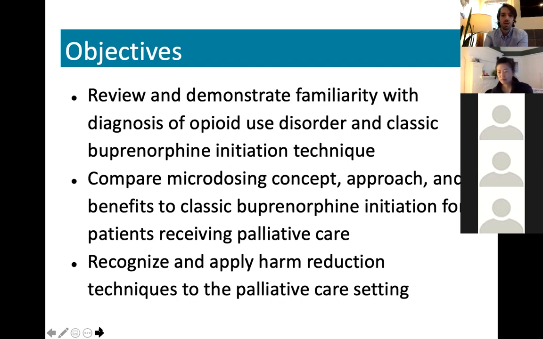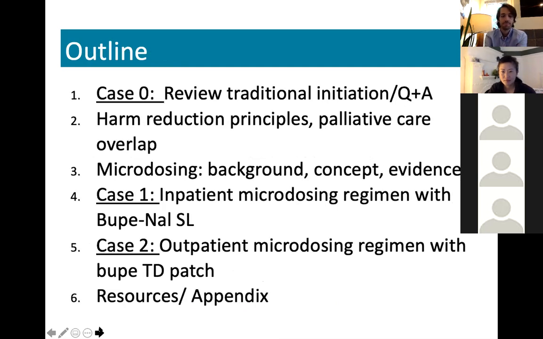We will also spend some time talking about harm reduction and how harm reduction might apply in our palliative care setting. And then we'll have some cases to share, and then leave plenty of time at the end for questions.